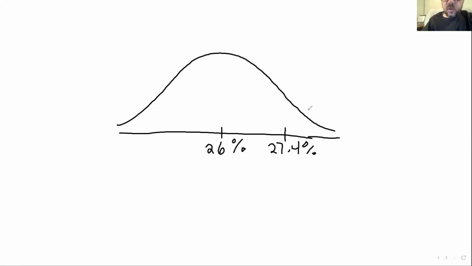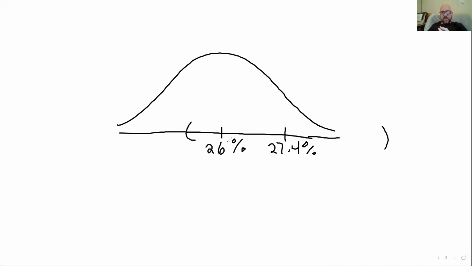And the interval that we made here went from 23 up to 31. One way to think of a confidence interval is as a range of reasonable values for, in this case, P, the population proportion.